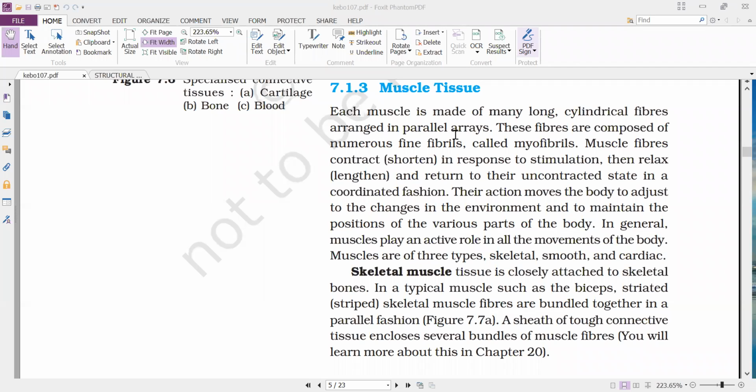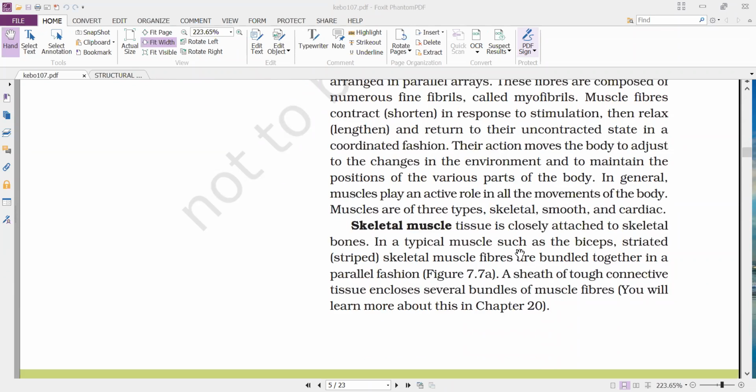You might have already studied this in your lower classes. These are the three different types of muscles that we find in the vertebrates, including the human.